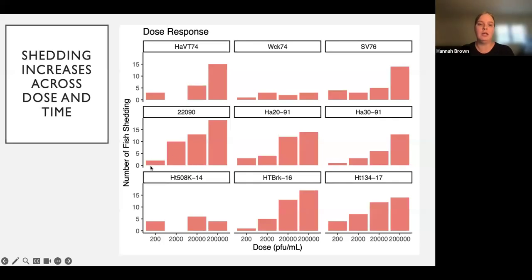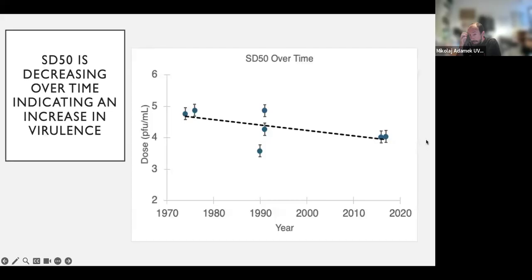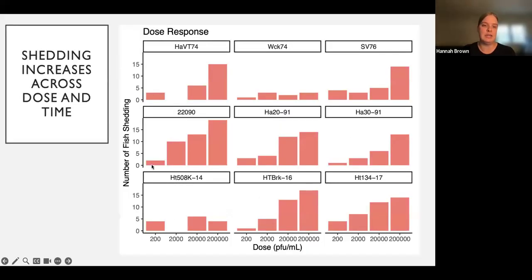You're referring to these three isolates in the middle. Probably the next graph shows it slightly better, the dose response here. That would be the 220/90 isolate. As you can see, there's much higher shedding for this particular isolate than the others.